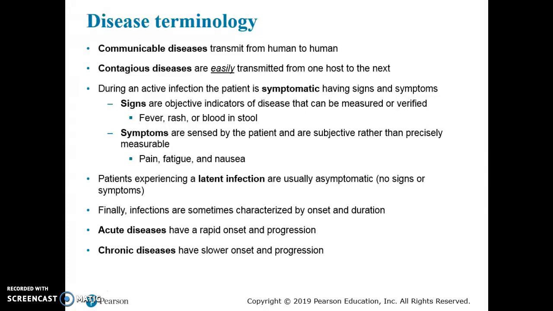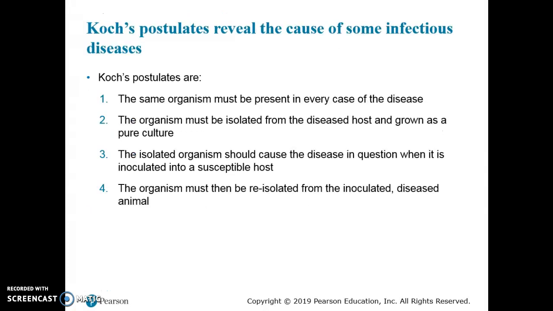If it's chronic, then there's usually a slower onset and progression. The progression is much slower, takes a long time, and your body is generally able to work in the process of adapting to the disease scenario.